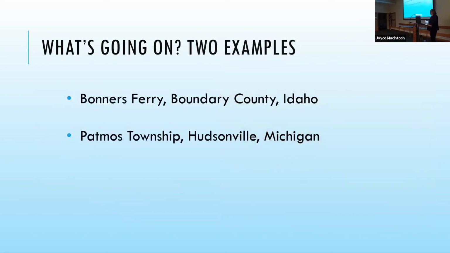So I gave some examples of what was going on a few years ago. We had Harry Potter. We had people saying, who's checked out this, more invasion of privacy. I want to give two examples of what's going on right now, just to get an understanding of how different it is in this current time. So Bonners Ferry, Idaho, a group of citizens are interested in not having the public library and not having public schools.